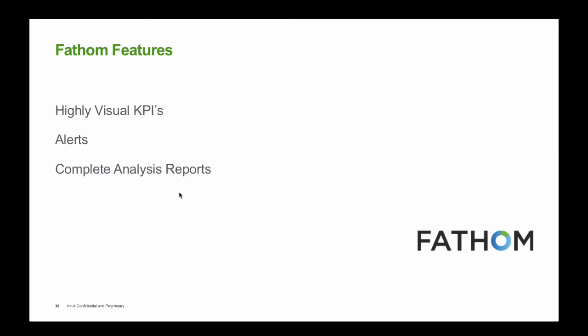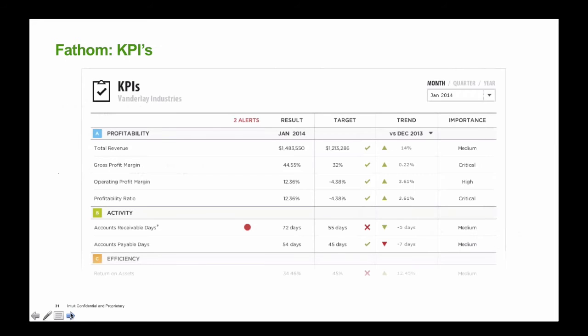If you do create a calculated field, then technically you could do an alert and a KPI, but Fathom for KPI alerts is just a lot better. And then we have complete analysis reports, which I'll show you, which are great reports to give to clients that are just beyond consolidation, more into KPIs, and the combination of financial and non-financial data that makes Fathom very unique.